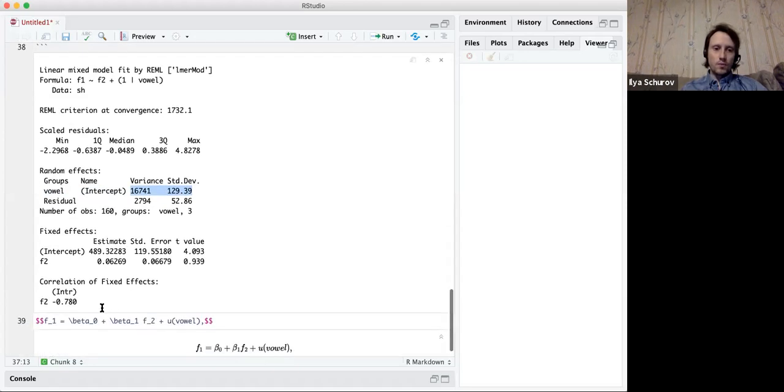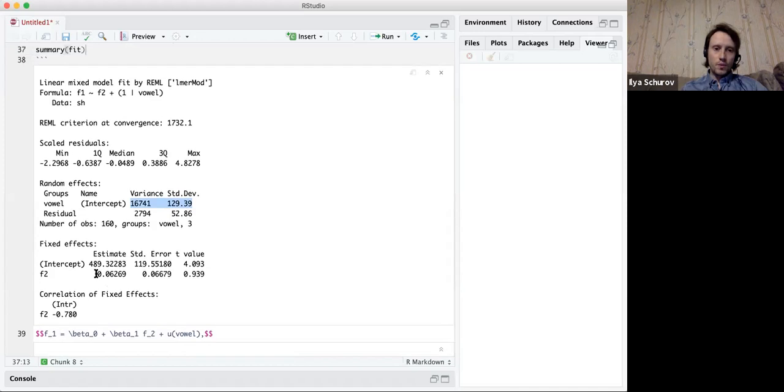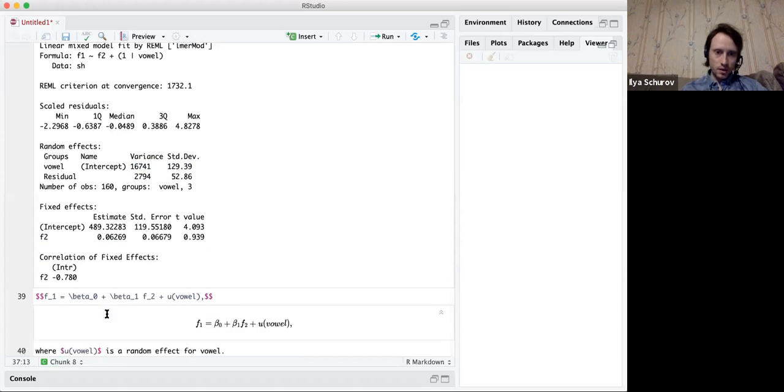And now we have this result for F2. It seems that we don't have information about p-values for a particular fixed effect in this formula, but at least it gives you some standard error. And you see that the standard error is close to the value of the estimate.